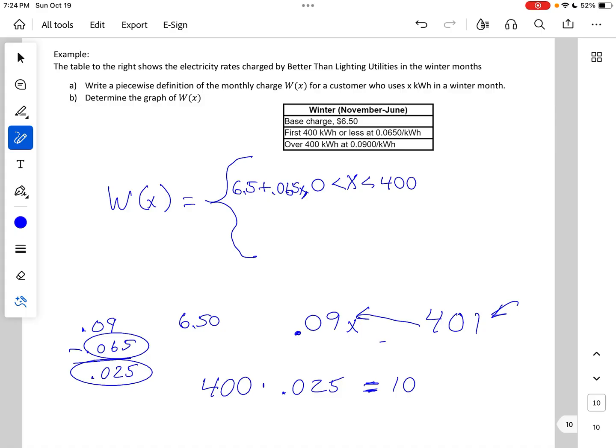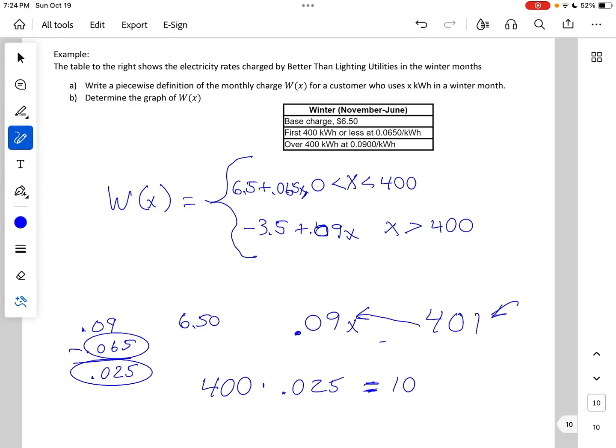So if I have 6.5 minus our 10, then I will start out at negative 3.5 plus 0.09x, only when my x is greater than 400. Okay?